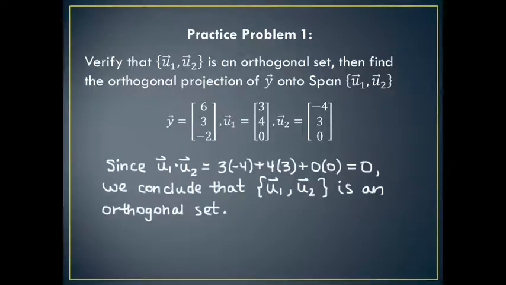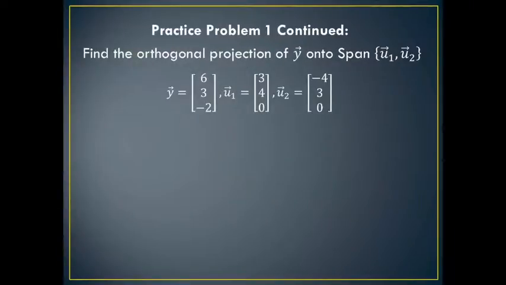And since u1 dot u2 equals 0, you can verify this. We conclude that u1, u2 is an orthogonal set. It's very easy to check when there's just two vectors because you just take their dot product and make sure it equals 0. So we've verified that u1, u2 is an orthogonal set.